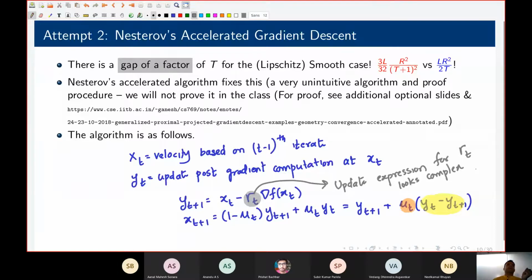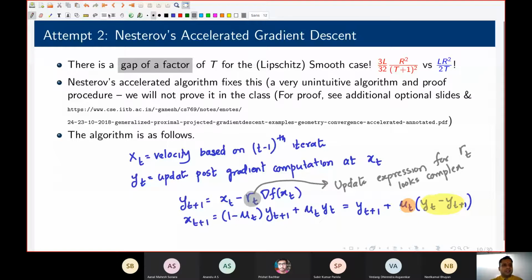That lambda will be obtained, I think, in terms of previous lambda. So basically the gamma is going to decay, but it is going to decay according to some other factor lambda. The update expression looks complex.